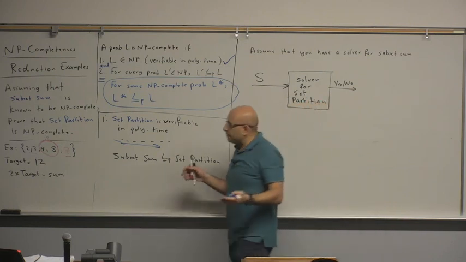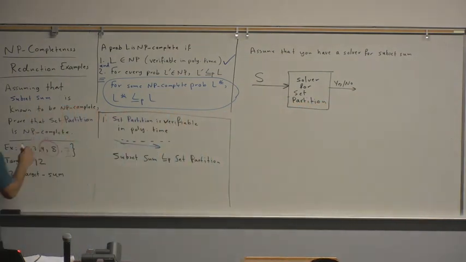Because if your target is 12, solving the problem for target 12 is equivalent to solving the problem with target 5 in this case, because looking for a subset that sums to 12 is equivalent to looking for the complement of that.